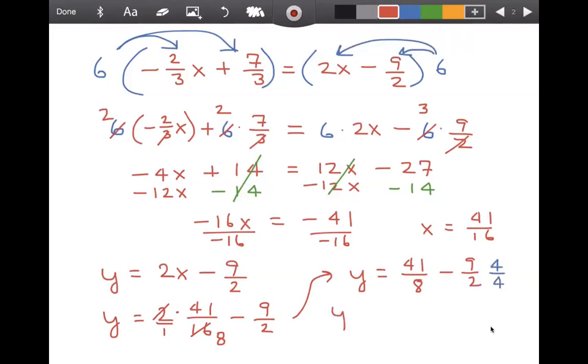And that'll give me y equals 41 over 8 minus 36 over 8, which is 5/8. All right. With barely any room to spare, the solution of this system of equations is 41/16, comma, 5/8.